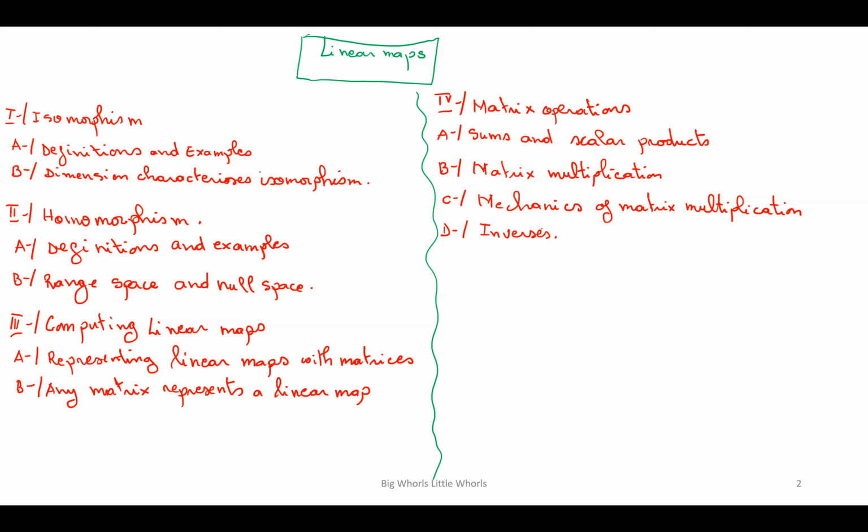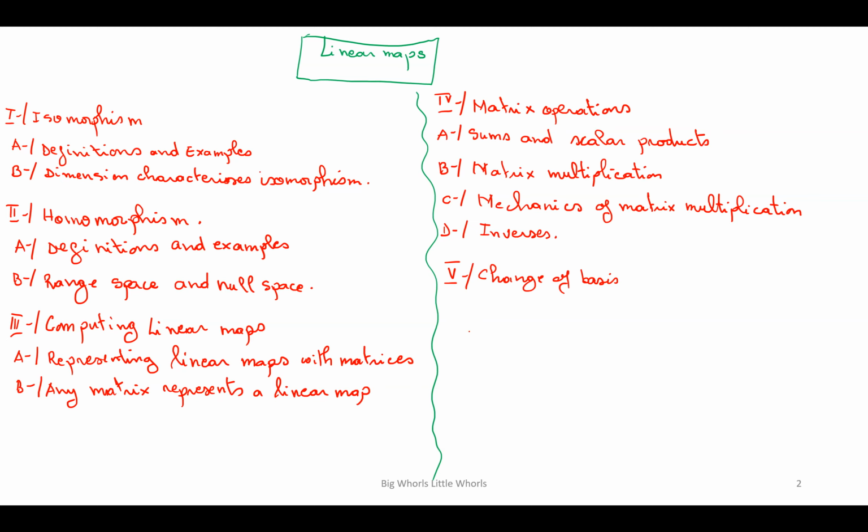Then we'll move on to part 5. Here is change of basis. Basically, we are given a transformation and a set of bases. We will be trying to see how we represent that same transformation in a new pair of bases.